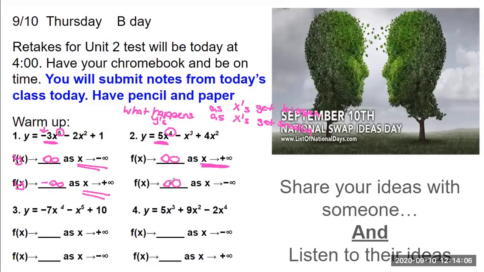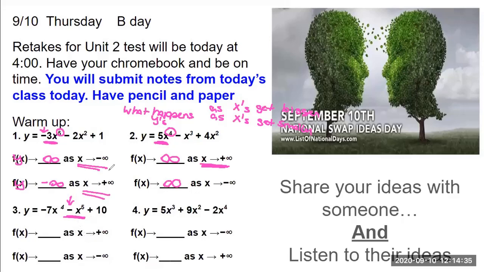Jake, tell me about number 3. The leading term is negative x to the 5th. Awesome. Notice how it's not first. So what does that negative sign tell me? That when x gets towards positive infinity, it goes down.